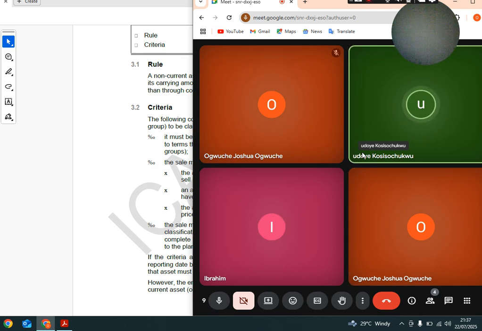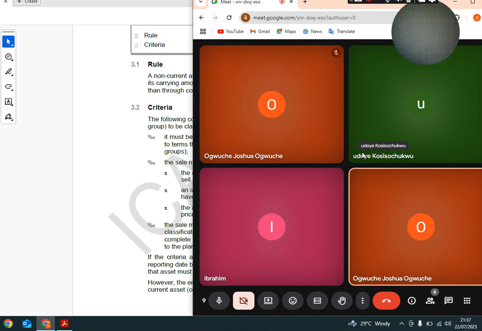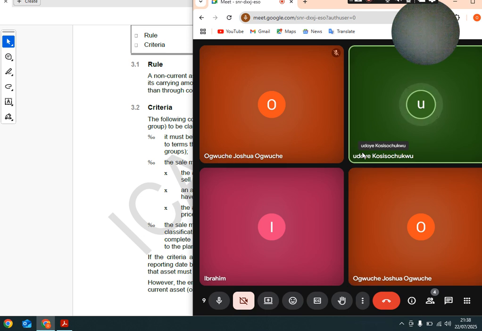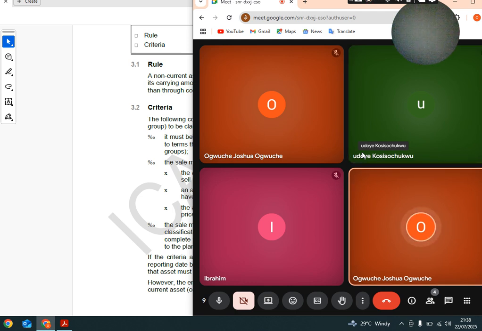No, sir. Okay, why? Because there's no agreement between company A to sell the asset. Company A wants to sell the asset and agreed the price with company B, but still they don't want to give it out yet.